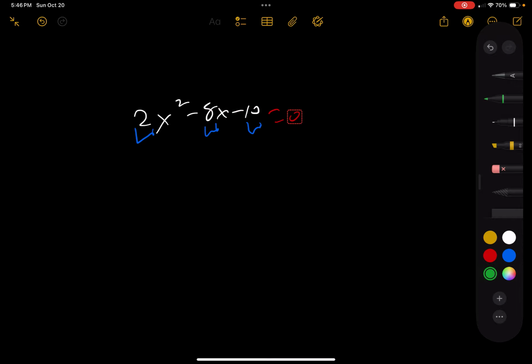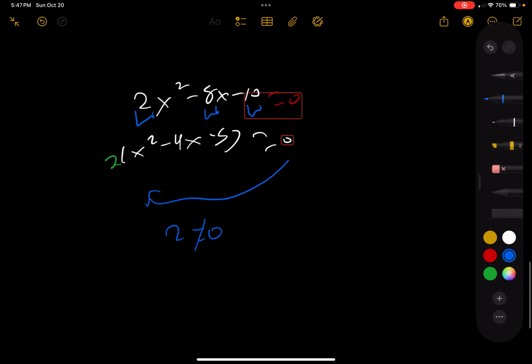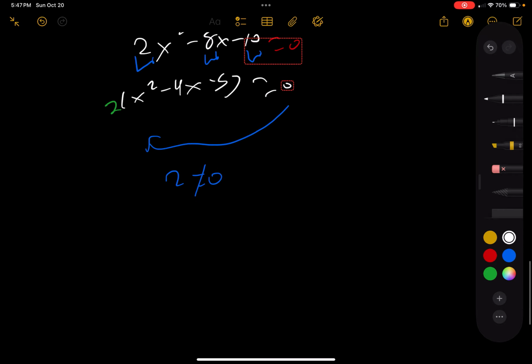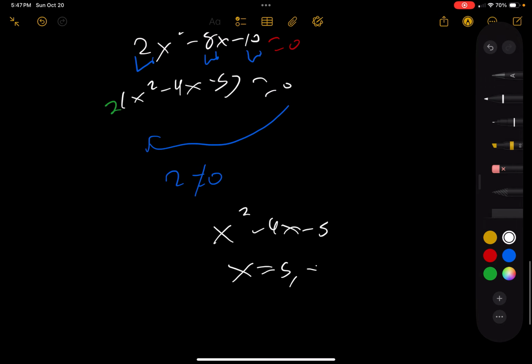You can factor 2 out of each of the terms: 2x squared minus 4x minus 5 equals 0. So with this, all you have to say is 2 doesn't equal 0, and that will get rid of the 2, and you are left with x squared minus 4x minus 5, which we just did. So I'm not going to write that out, because I'm lazy.